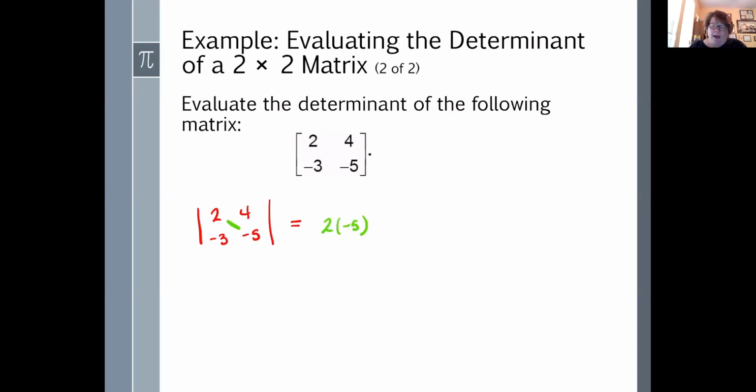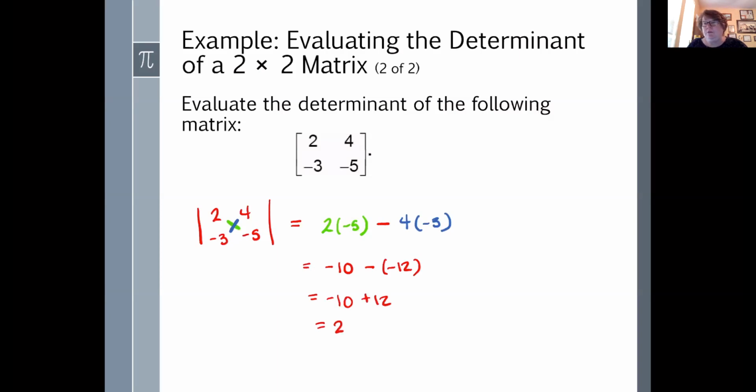And then we're going to subtract from that the product of the other diagonal, which is going to be 4 times -3. It's very important that you keep track of your signs here because you don't want to make a sign error. So what are we going to get? 2 times -5 is -10, minus 4 times -3 is -12. So we have -10 minus a -12, plus 12, or 2.